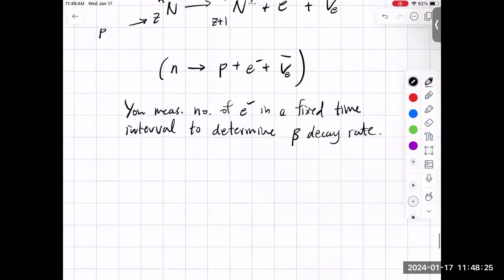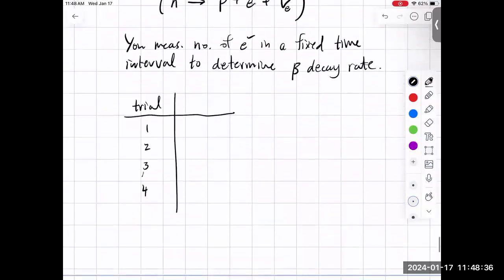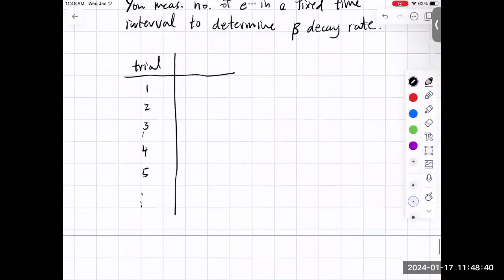We sit there for 10 seconds with our instrument and do trial 1, 2, 3, 4, 5, and so on, up to trial N. So we get 12 measurements, then 18, then 13, then 17, then I don't know, 22, and then here we get 8 or something like that.